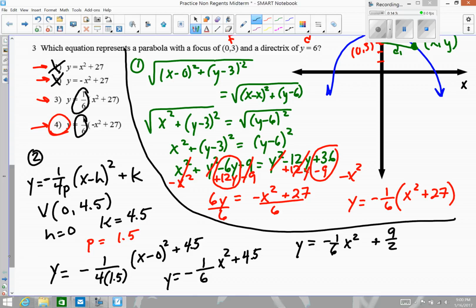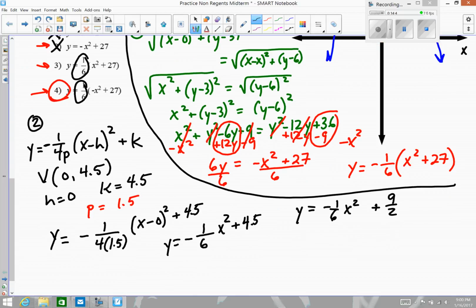Or I could maybe make it a little easier if I rewrite 9 over 2 as a fraction that's got this common denominator of 6. And to do that, I would multiply numerator and denominator by 3, so that I get 9 over 2 equals 27 over 6. So now if I substitute 27 over 6 in for 9 over 2, y is a negative 1 over 6x squared plus 27 over 6.